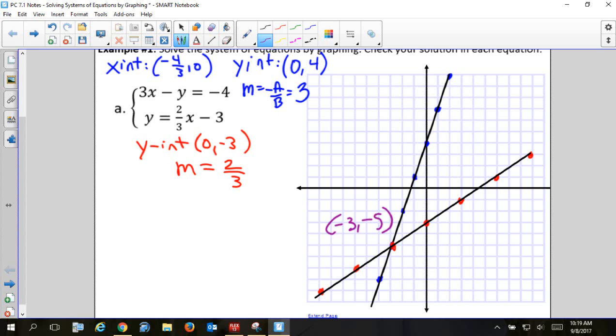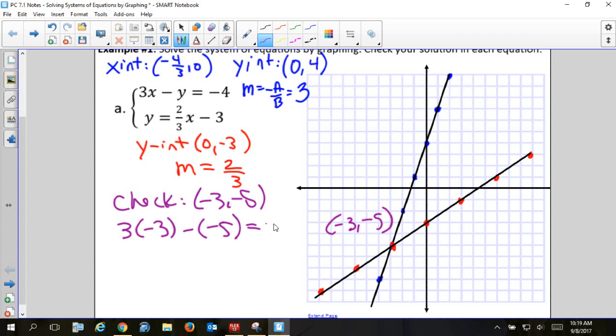So it does say in the directions, check your solution in each equation. So we are going to check the ordered pair -3, -5 in both equations. I'm going to check it in the first equation. 3 times -3 minus -5 equals -4. So I get -9 plus 5. Yep, that one checked.